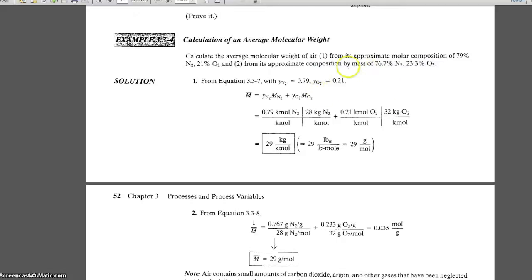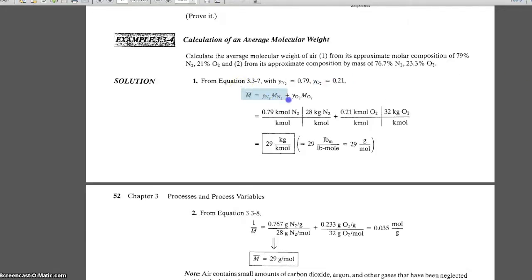So let's consider the first equation first. From equation 3.37, the mole fraction of nitrogen is 79%, 0.79, and the mole fraction of oxygen is 0.21.